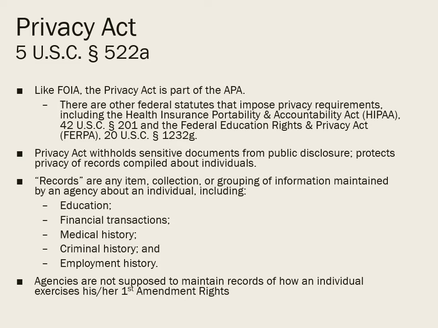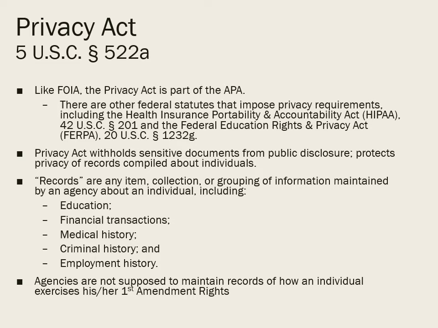And the Privacy Act exists to make sure that the government can't simply disclose that private information, particularly in response to a FOIA request. Like FOIA, the Privacy Act is part of the Administrative Procedure Act. It withholds sensitive documents from public disclosure.